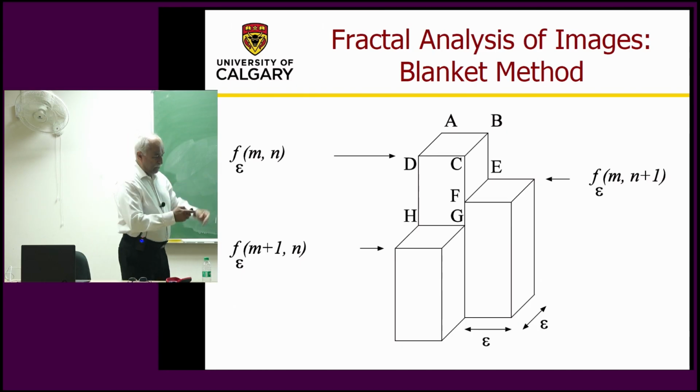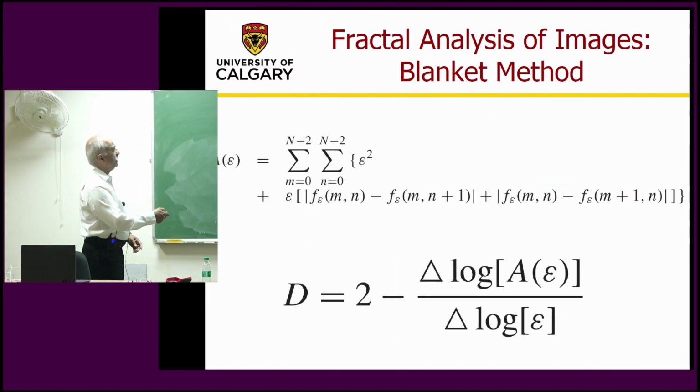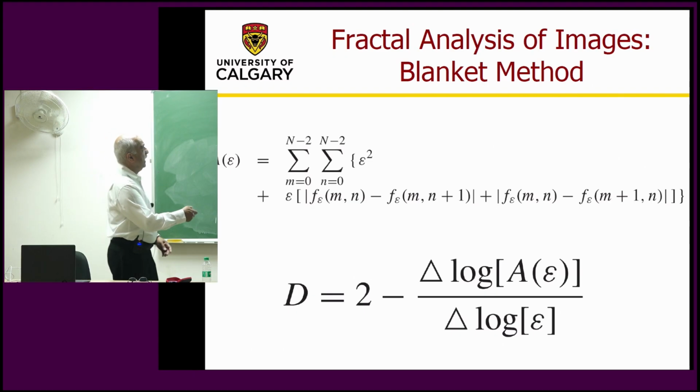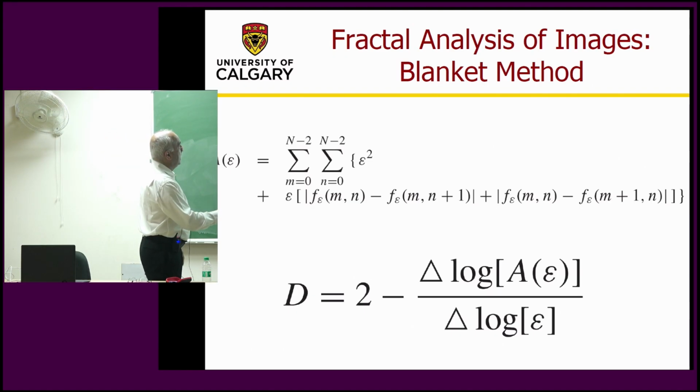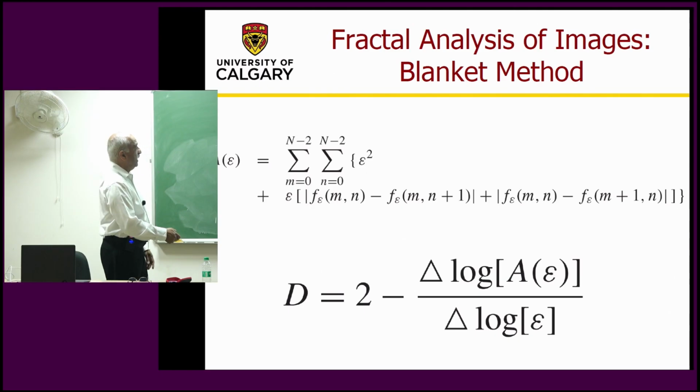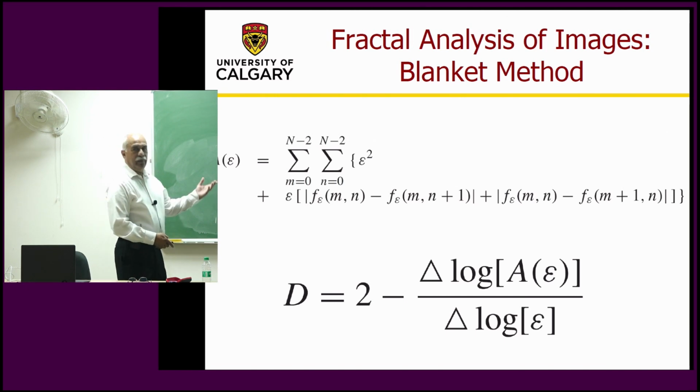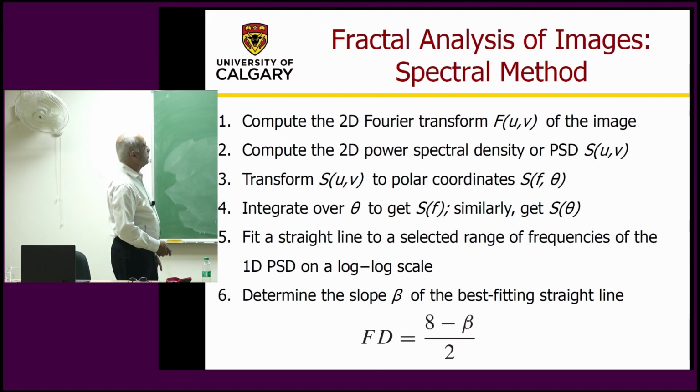So take these parameters and compute the area as the area of each of those exposed top surfaces, and then all the differences between the pixel values multiplied with epsilon, and epsilon is your scale factor, and 2 minus the derivative of that and the log scale factor will give you the fractal dimension.